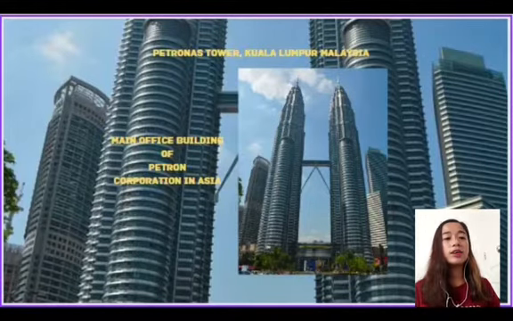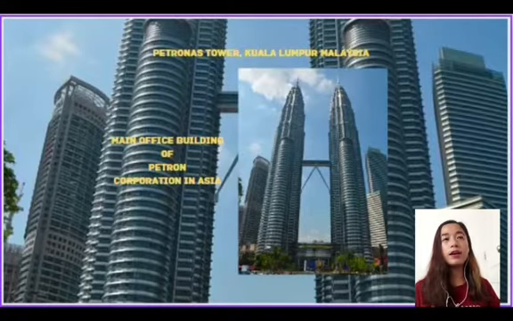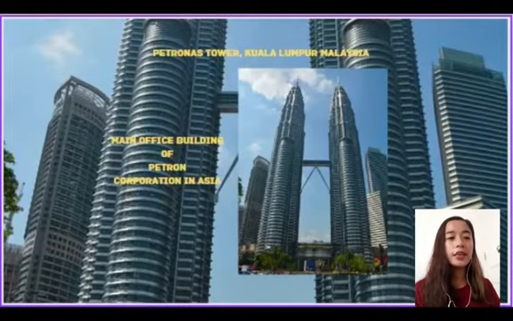The design of each tower floor plate is based on a simple Islamic geometric form of two interlocking squares, creating the shape of an eight-pointed star. Architecturally, this form represents the importance of the Islamic principles of unity, harmony, and stability.